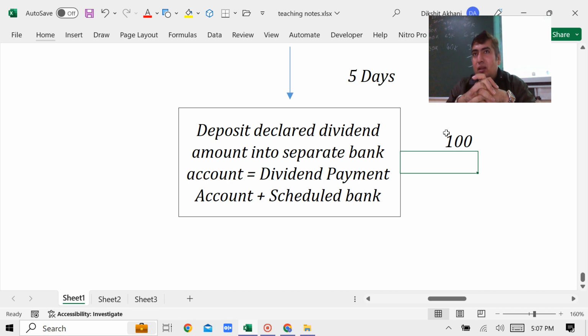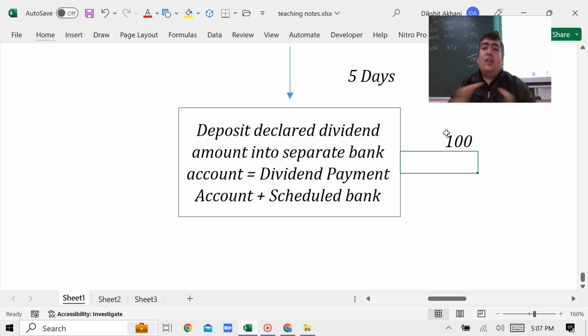So by anyhow within 5 days you have to manage the cash. कैसे भी करके आपको cash लानी पड़ेगी. You can't give goods, you can't give debentures, you can't give even shares in place of dividend. So once the dividend is declared, you have to be very, very careful. Okay, is it clear to everyone?